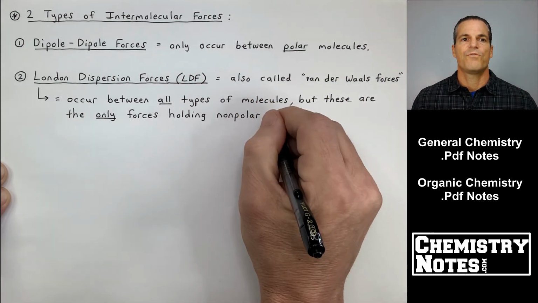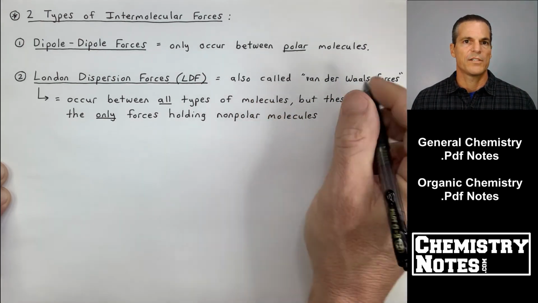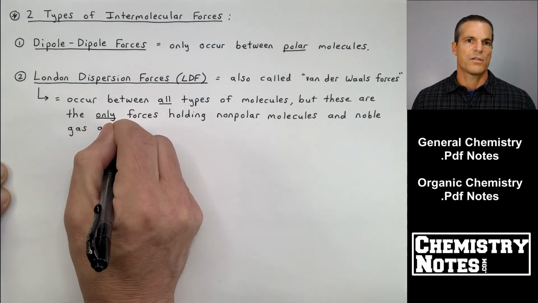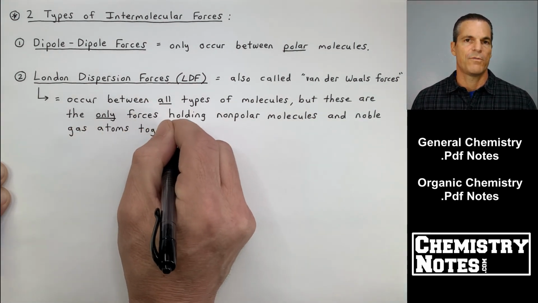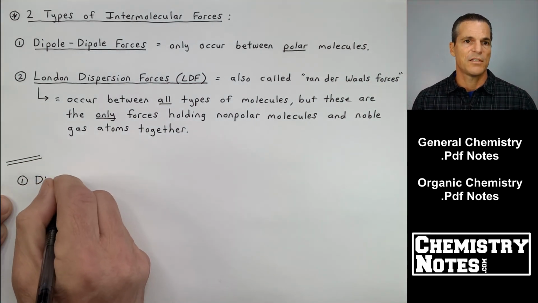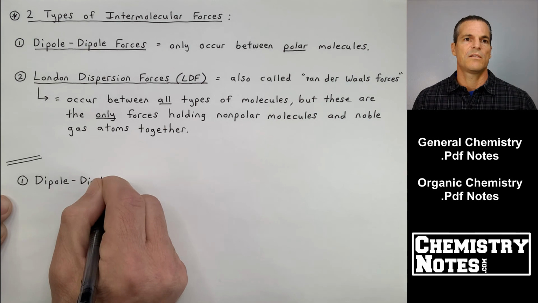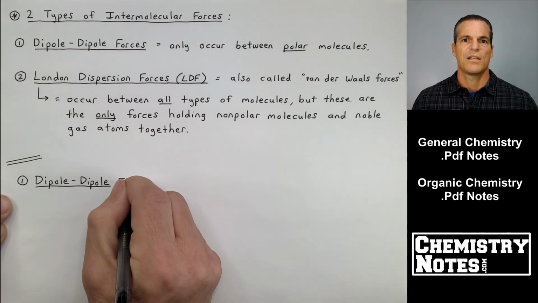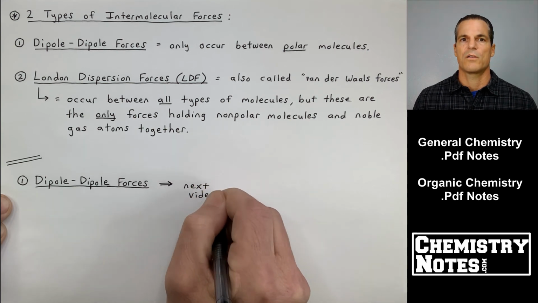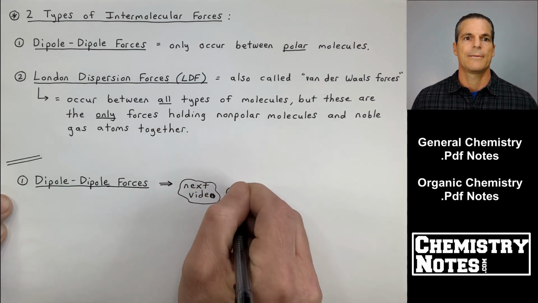It's not like you have to choose either number one or number two. Water molecules exhibit both dipole-dipole forces, namely hydrogen bonding, which we'll get to, and also London dispersion forces. The only thing you need to exhibit London dispersion forces is to be a molecule or atom.